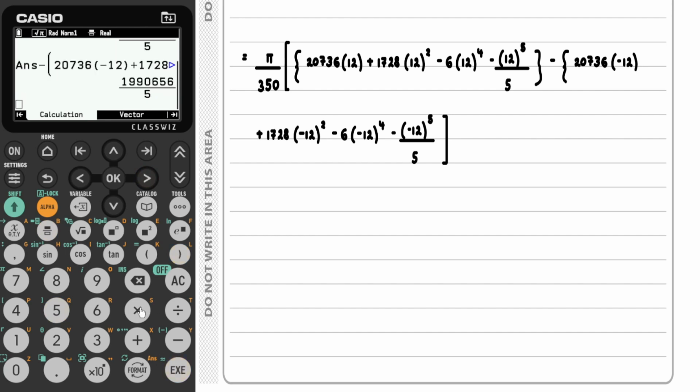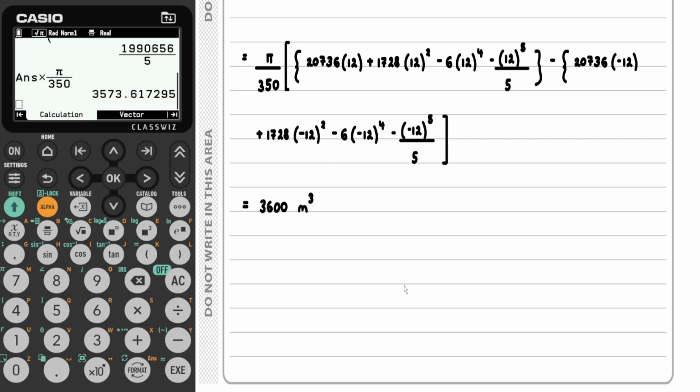And then I need to multiply this by pi over 350. So we get 3573.617, etc. Meaning we end up with 3,600 meters cubed to two significant figures.